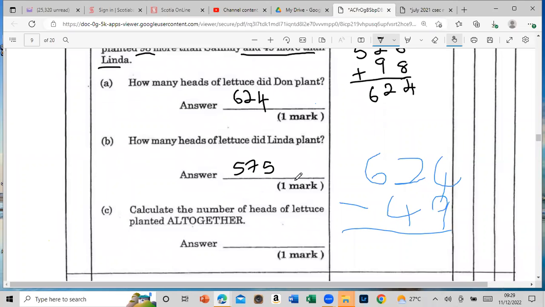If you add 49 to Linda, you're supposed to get back what Dan planted. And if you add 49 to 575, you get back the 624, which is what Dan planted.